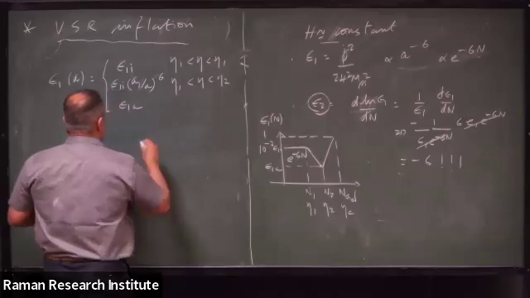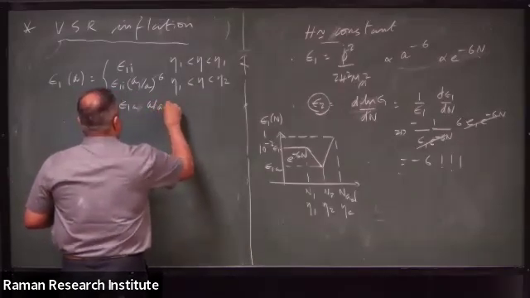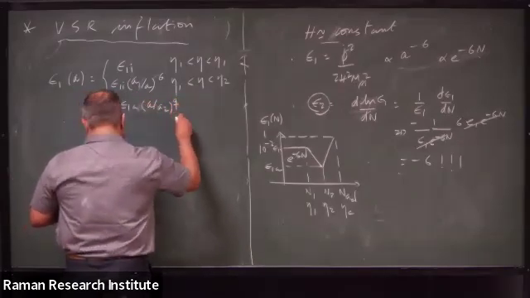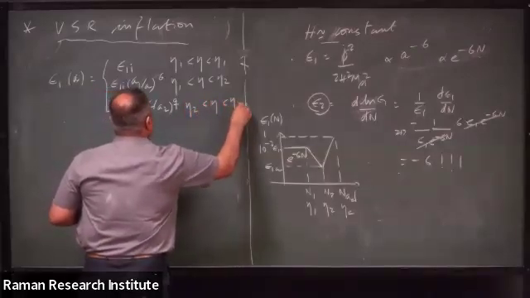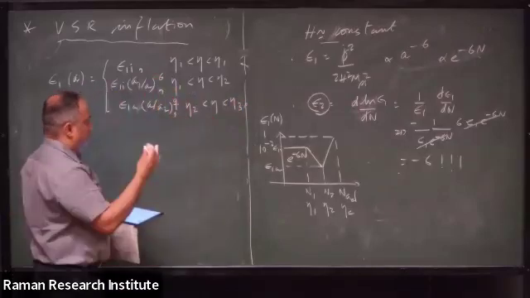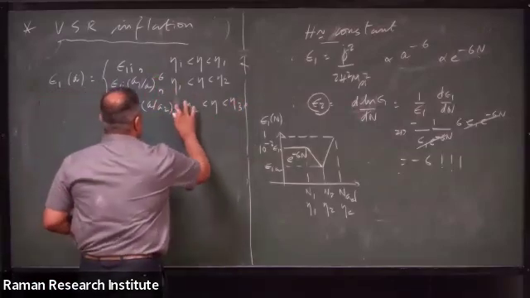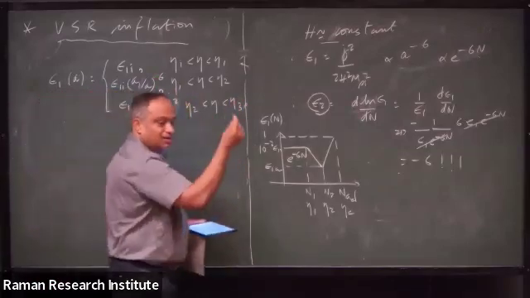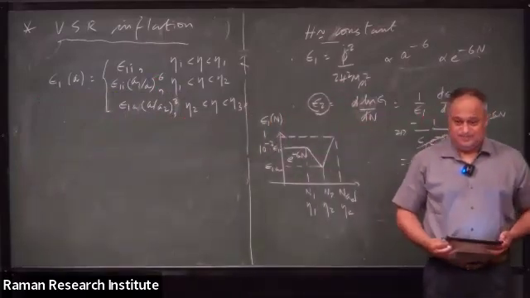It starts at epsilon1 of A, and then it rises. It rises as A by A2 to the power Q, and eta 2 less than eta E. Is that clear? Q is positive. And we are going to assume Q equal to 2, in fact. There's no reason, I'm just assuming so that it rises and inflation ends.